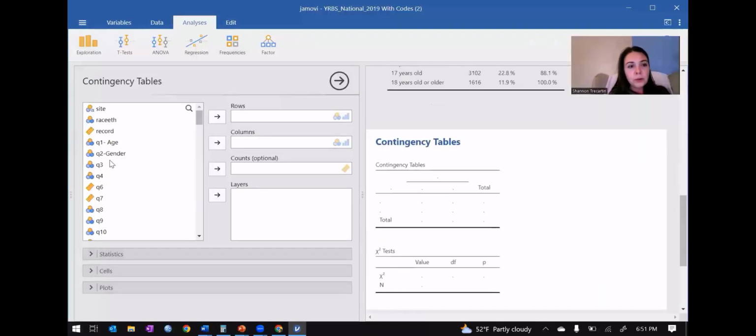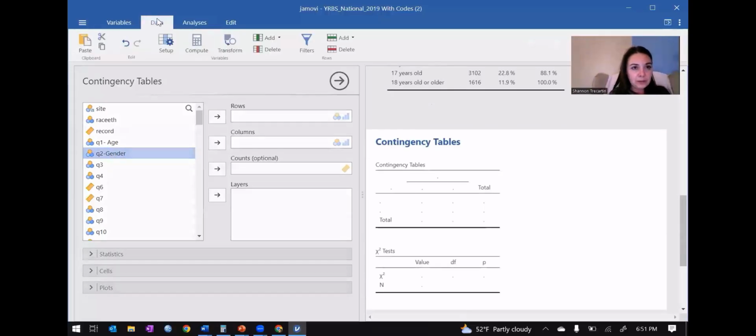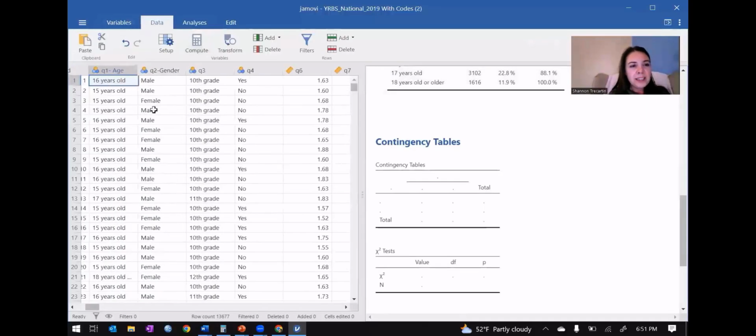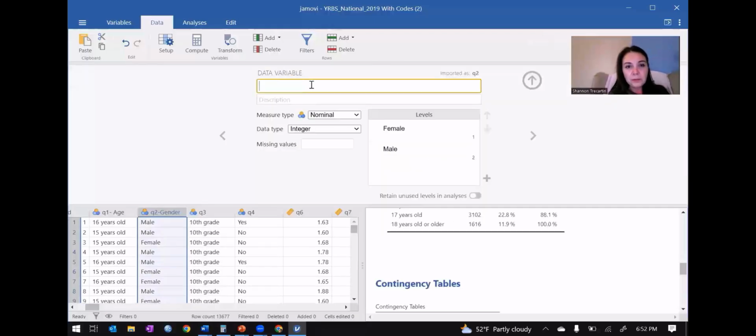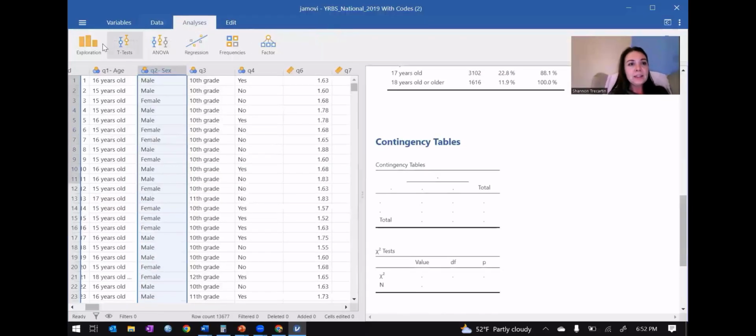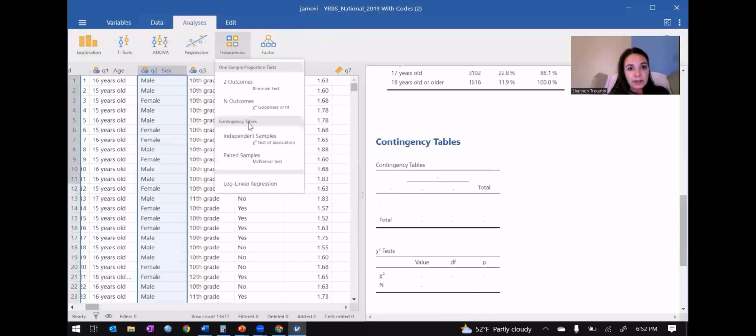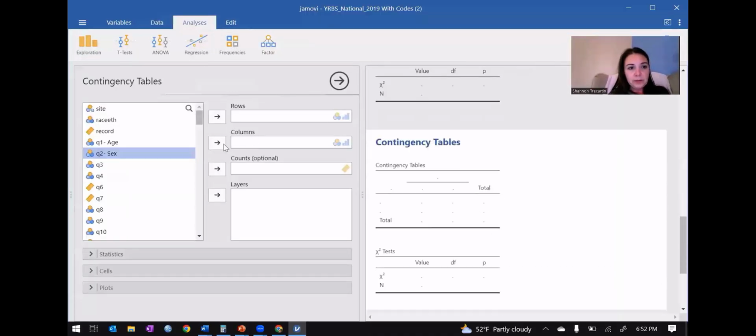What you're going to do is you're going to move sex. I should rename this as sex instead of gender, just to be consistent with how it's labeled in Jamovi. Let's see here. Q2 is sex. Okay. Let's do it again. So analysis, frequencies, independent samples.